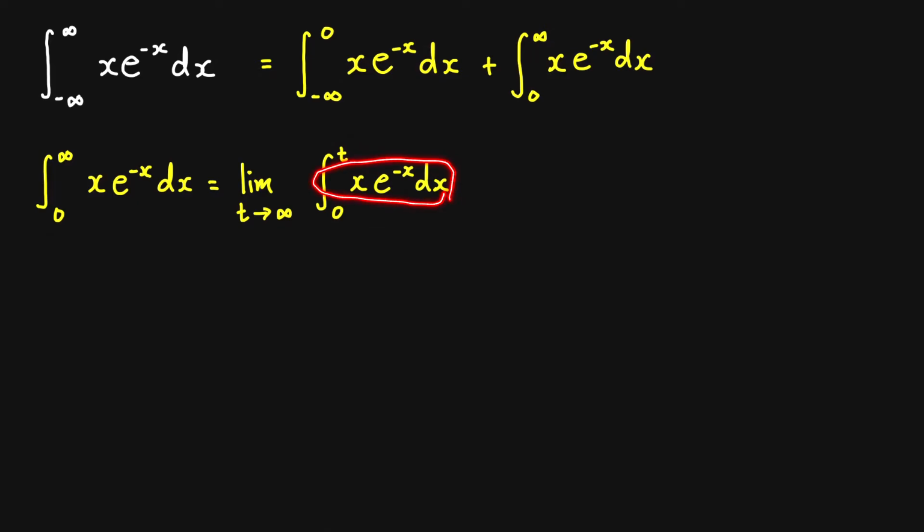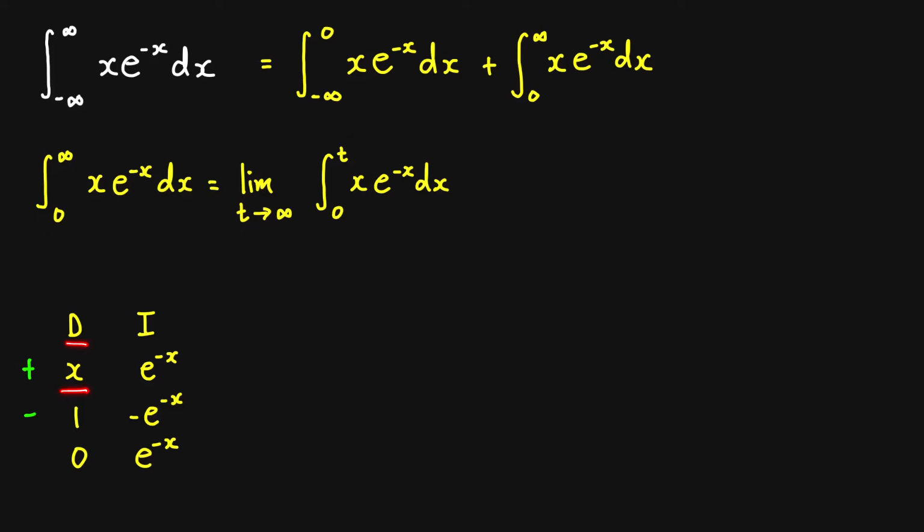So we can evaluate this by integration by parts, and we can use the tabular form. If we use the tabular form of integration by parts, we have here the x under the derivative column and then e to the negative x under the integral column.